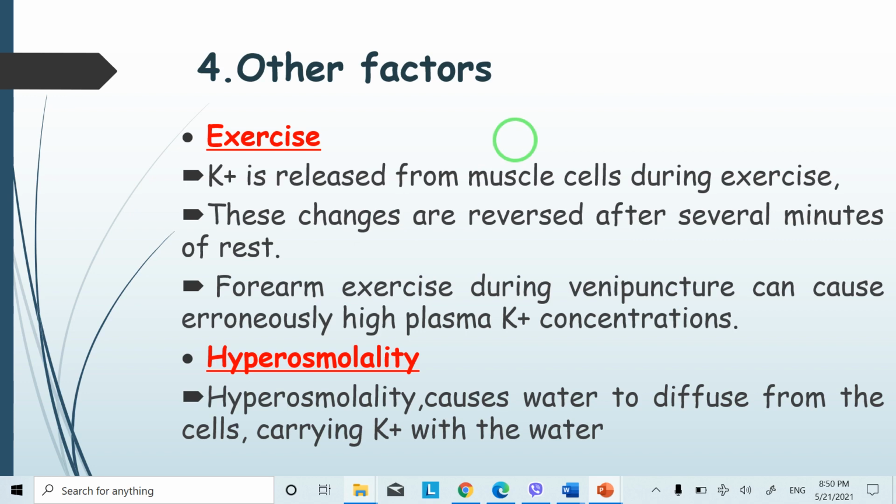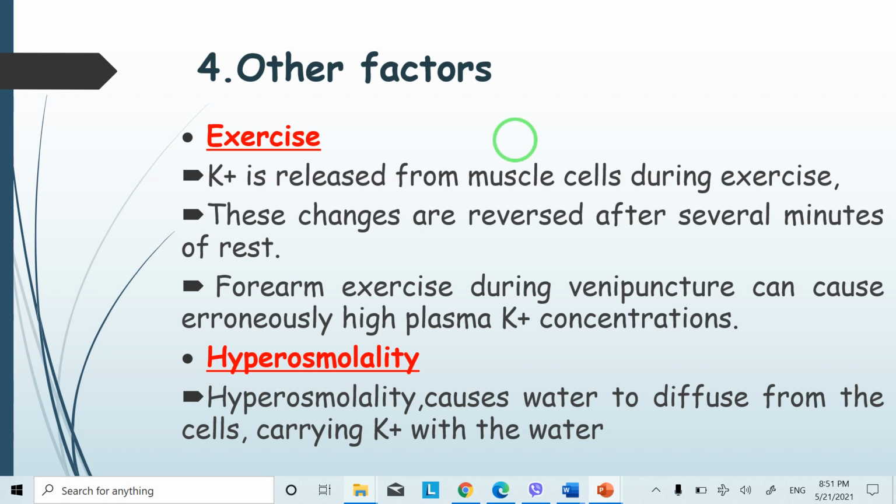So if we want to measure the plasma potassium in a person, we must tell him not to do exercise, not to do forearm exercise or excessive movement during the collection of the blood sample.